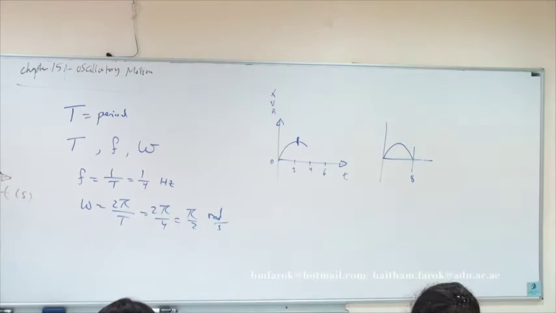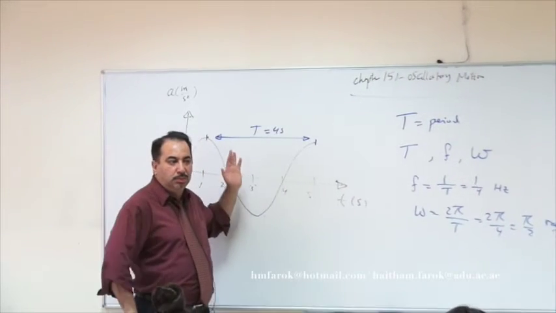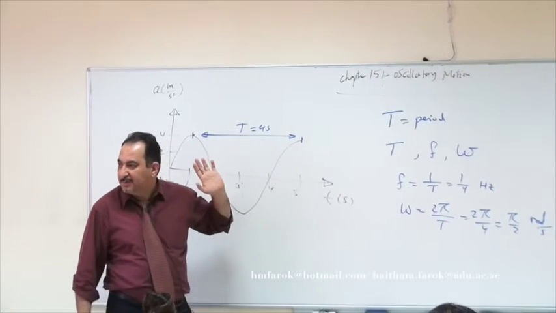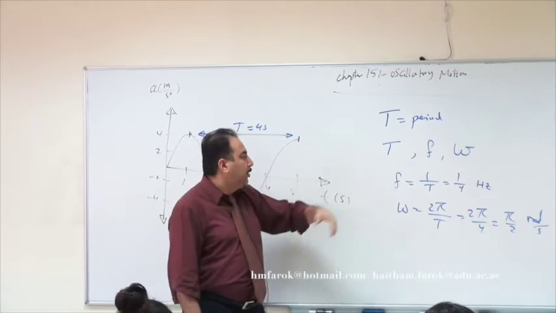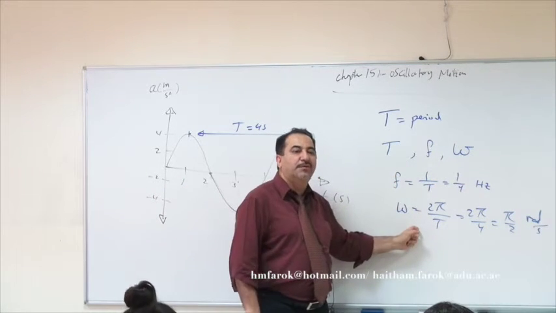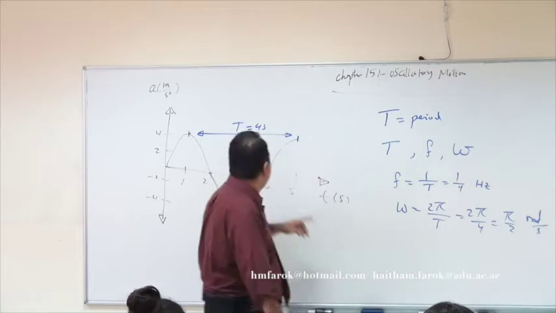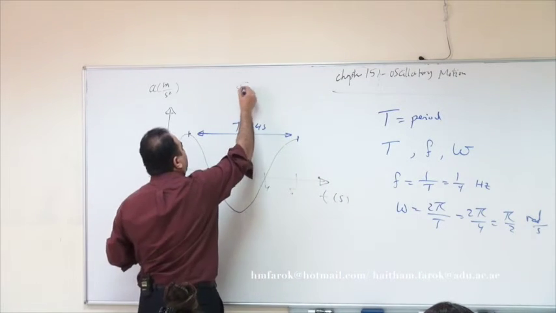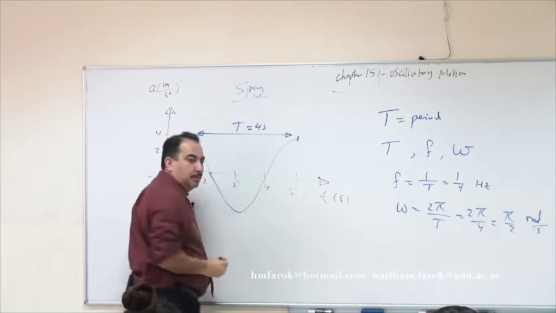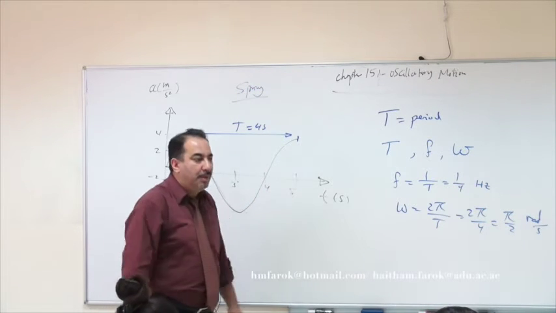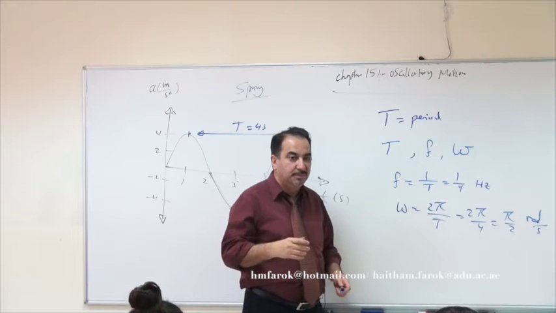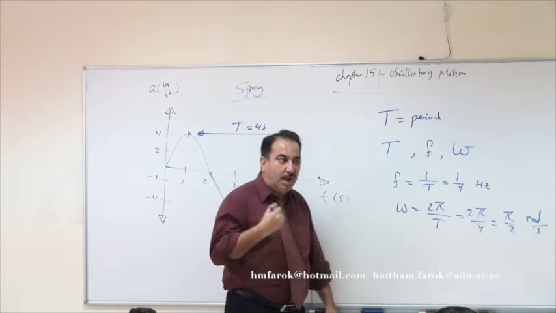So now, what you do first, whenever you have a graph of oscillation, find the period first. Time for 1 cycle. Once you find the period, you'll find the angular frequency. And angular frequency is needed. Now, suppose this oscillator is a spring. Now, remember, spring has an omega, angular frequency.